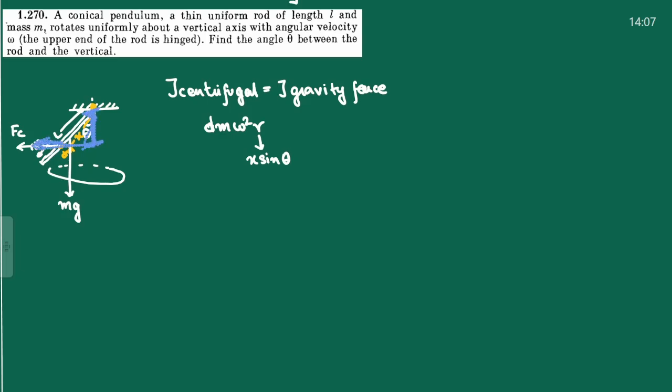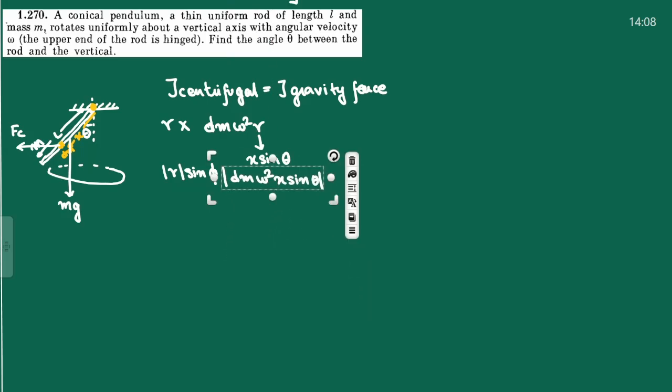So the torque is dm omega square r times this perpendicular distance, where r is x sine theta. If I take this dm out and take this r sine phi out, the value of this r sine phi is nothing but x cos theta.